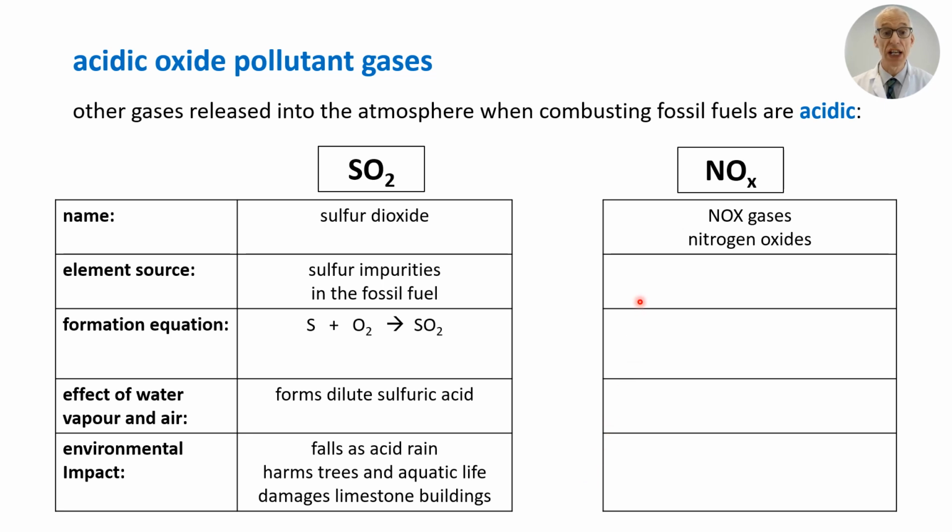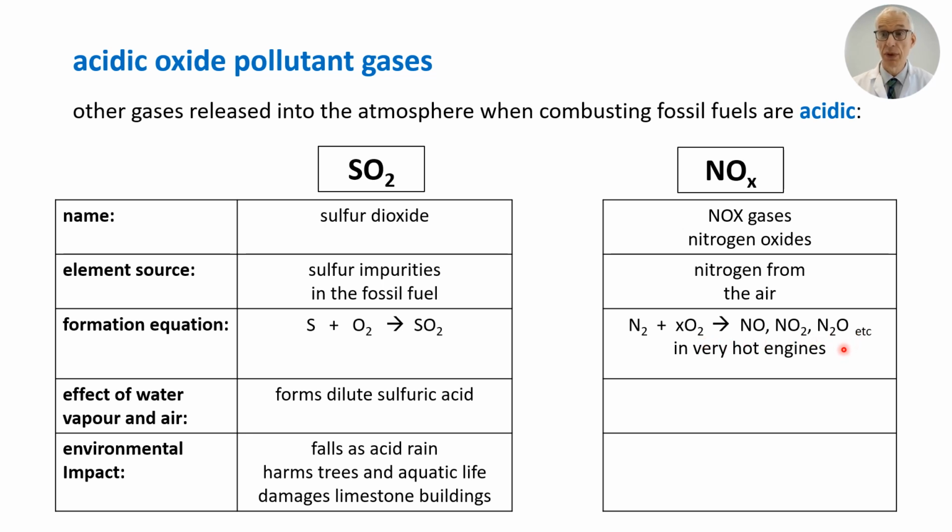Okay, so NOx gases, the element nitrogen comes from the air. So how is it formed? NOx gases, how are they formed from nitrogen and oxygen from the air? Well, straightforward reaction, but only in very hot engines.